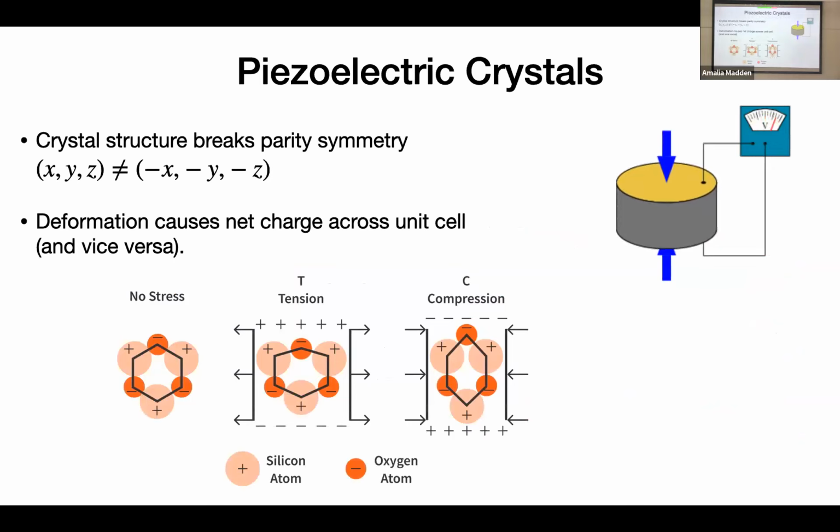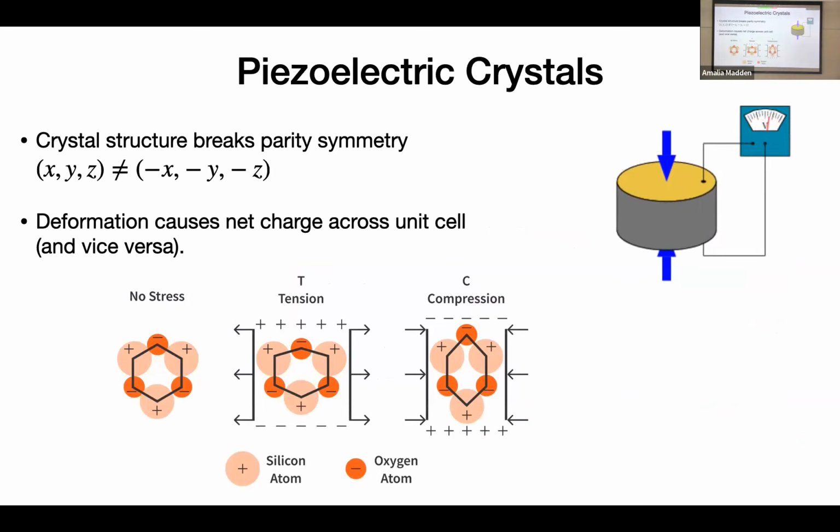So what's a piezoelectric crystal? You may have heard about these before because they're used in things like microphones, guitar pickups, sensors. What's going on in a piezoelectric crystal is it has a structure where the position of the ions in its lattice intrinsically breaks parity. So you can see it in this picture here.